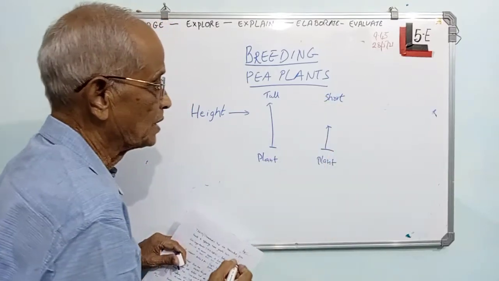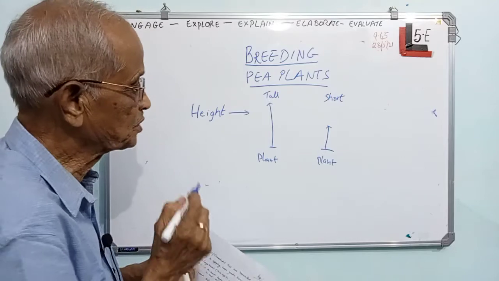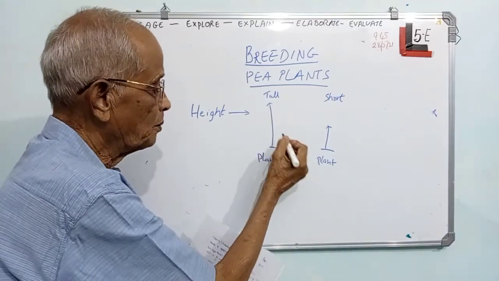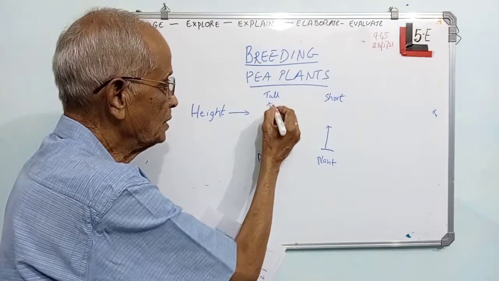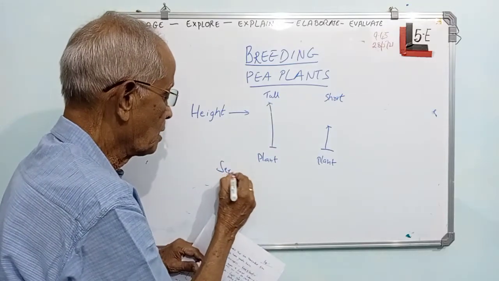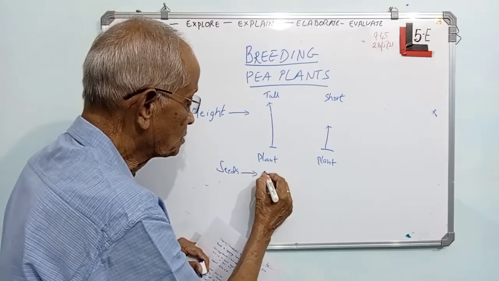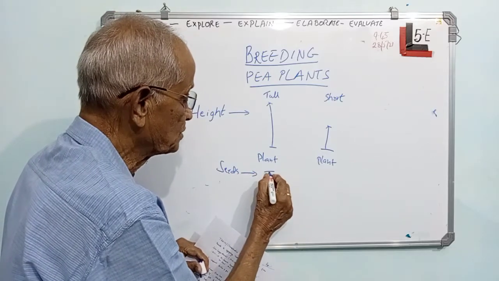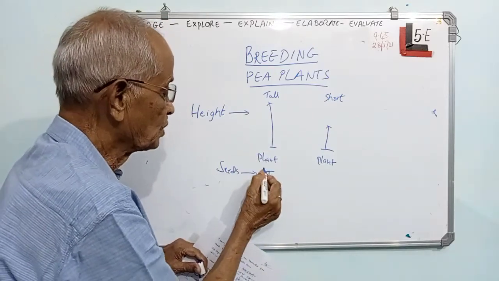So pea plants he selected. He observed many pea plants, and he selected seeds. When these seeds were sown, they only produced tall plants. Let us use the symbol T for tall now. So it's only tall plants.